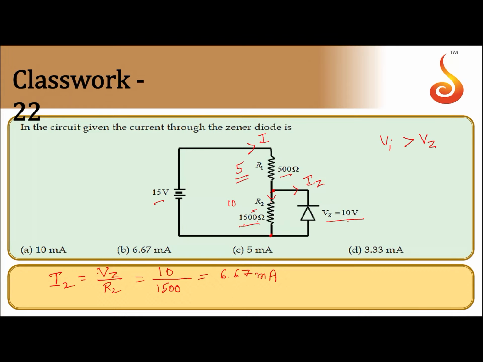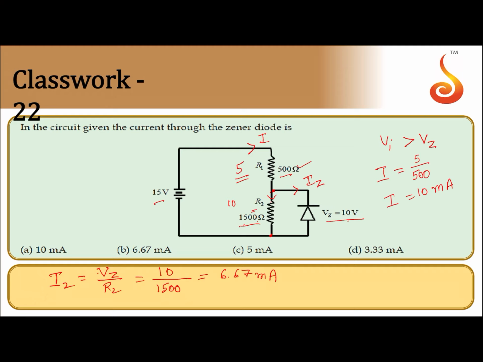Now voltage across this is 5 and resistance is 500. Then the current drawn from the battery, I, should be equal to 5 divided by 500, that is 10 milliampere.